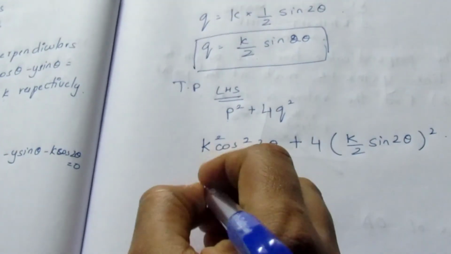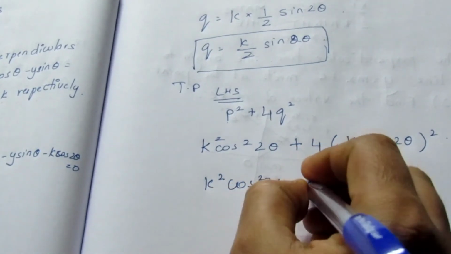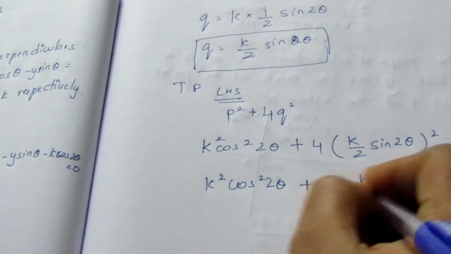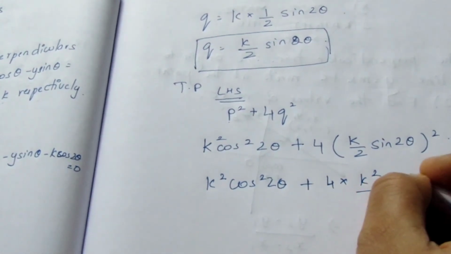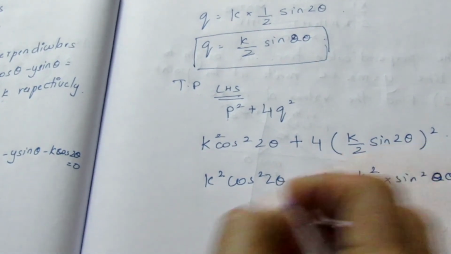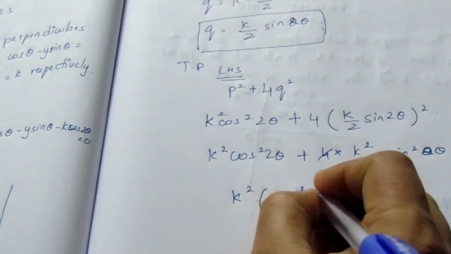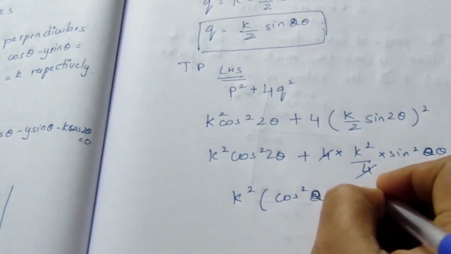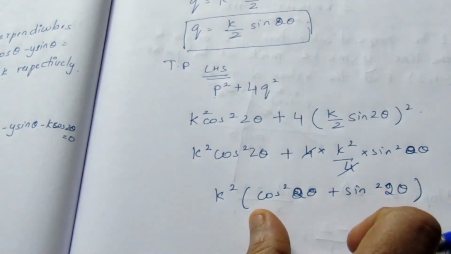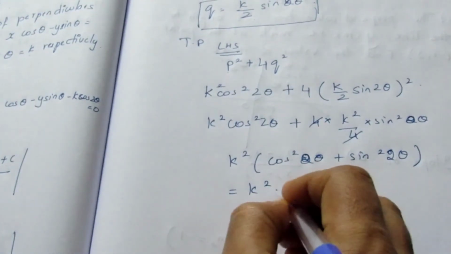Here it becomes k square cos square 2 theta plus 4 into k square by 4 into sin square 2 theta. Now the 4 gets cancelled. Taking k square common outside, it becomes cos square 2 theta plus sin square 2 theta. This becomes 1 and this is equal to k square, equal to our RHS.